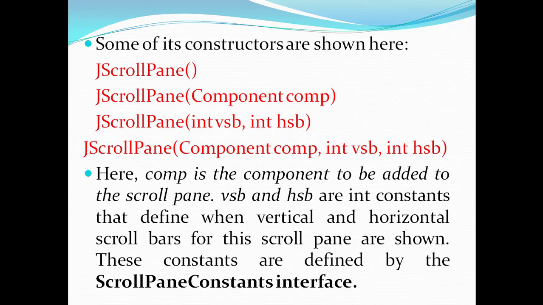VSB and HSB are integer constants that define when vertical and horizontal scroll bars for this scroll pane are shown. In the constructors we have specified int VSB, int HSB. These are the vertical scroll bar and horizontal scroll bar constants that define when the vertical and horizontal scroll bars for this scroll pane are shown.